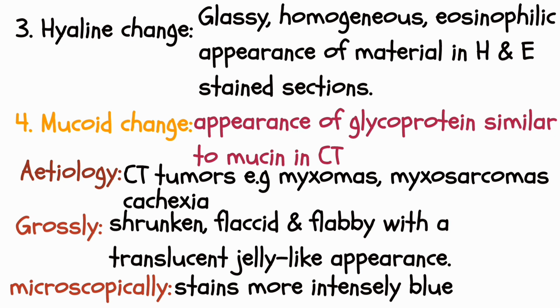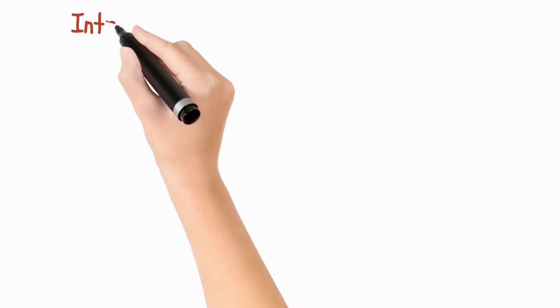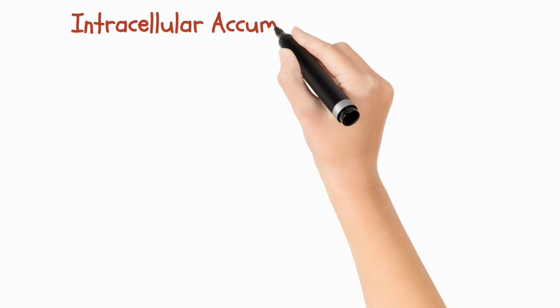The nuclei are hyperchromatic and the fluid in the intracellular spaces has a slightly bluish tinge. Okay, still under the morphology of reversible cell injury, we've talked about the hydropic change, fatty change, hyaline change, and mucoid change.